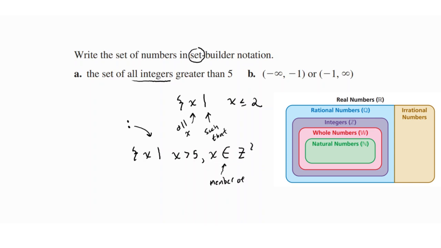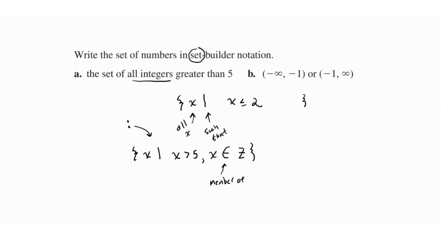And then we would put our squiggly brace. So this would read the set of all x such that x is greater than 5 and x is a member of the integers. We can also use the word and in this case, so we can put the word and instead of the comma. All right, so let's do example B.